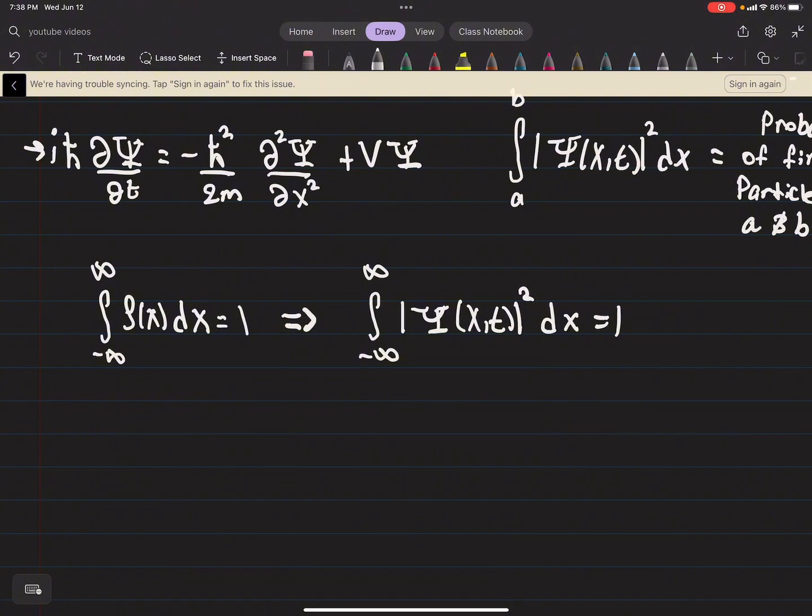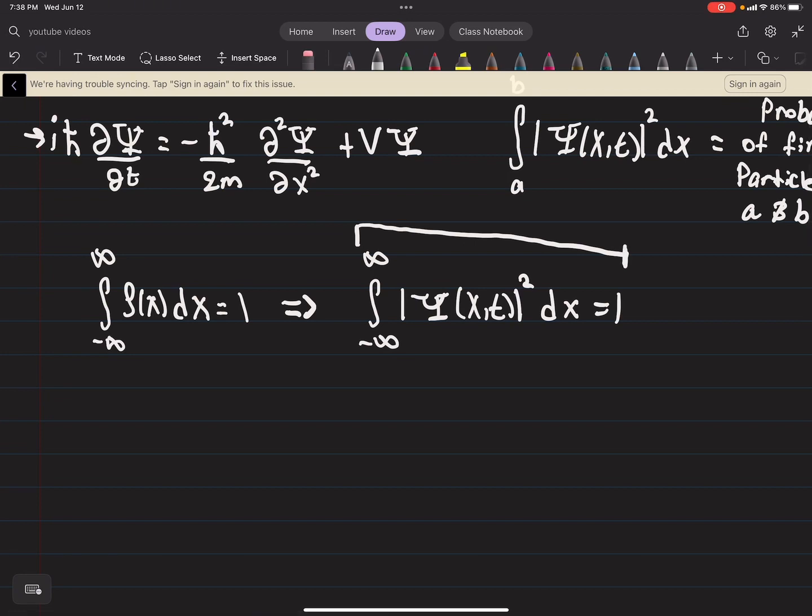Now, in general, if you have psi when you solve Schrodinger's equation, there's no guarantee that this is true. But one thing about differential equations is if psi is a solution to a differential equation, any constant, call it A, times psi, is also a solution to the differential equation.